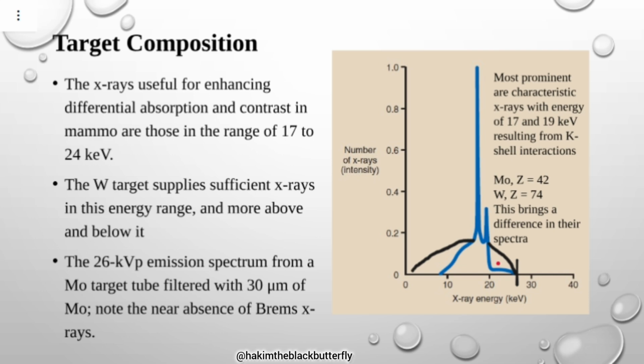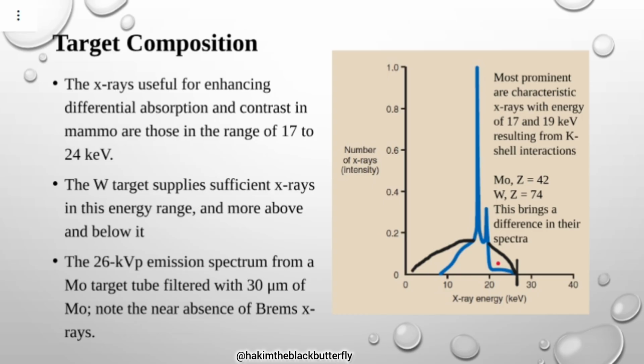Why? The reason is, there is what we call, in science, the K edge. The electrons in the K shell of molybdenum have a binding energy of about 20 kilo electron volts.